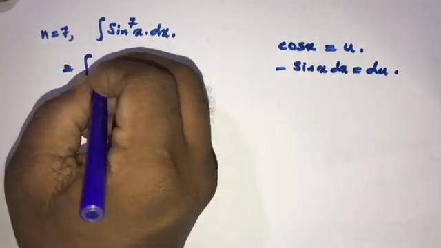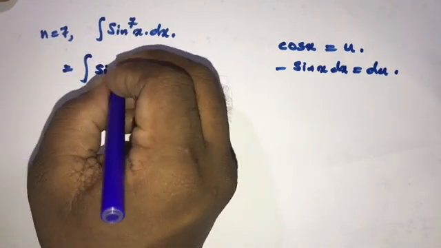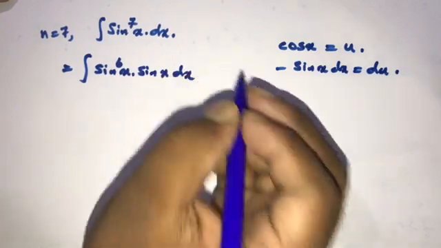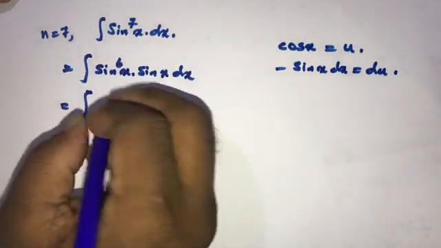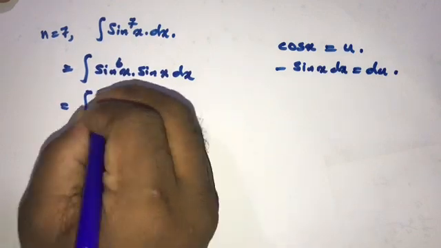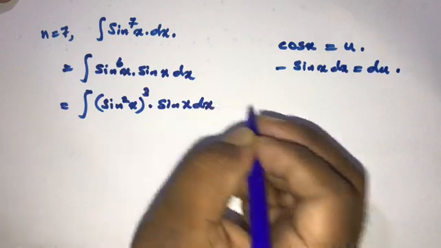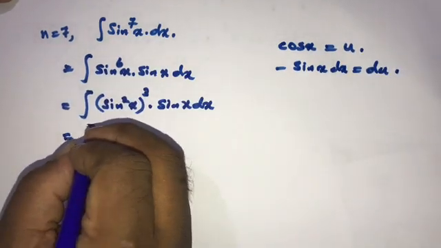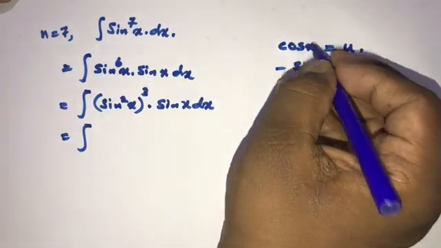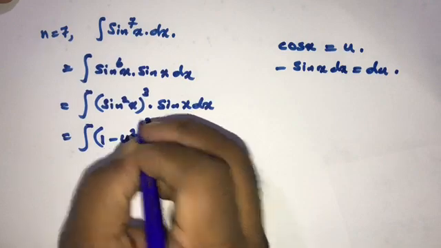Before that we can write this as sine to the 6th power of x times sine of x dx, and now this is sine square of x to the 3rd power and sine of x dx. So now plug in, sine square x is equal to 1 minus cosine square x, so 1 minus u square to the 3rd power.